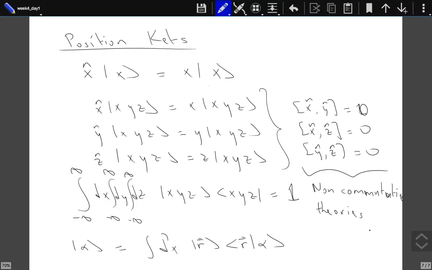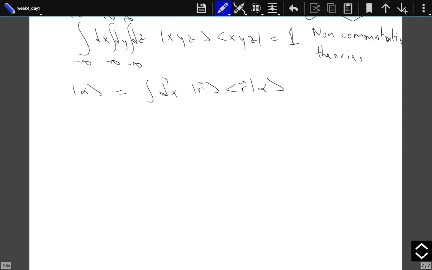In fact, we do have one system, where we don't need to go to the Planck scale, where we have this non-commutativity. But to discuss that, let's start with the translation operator.